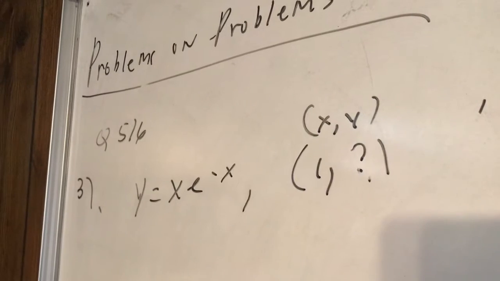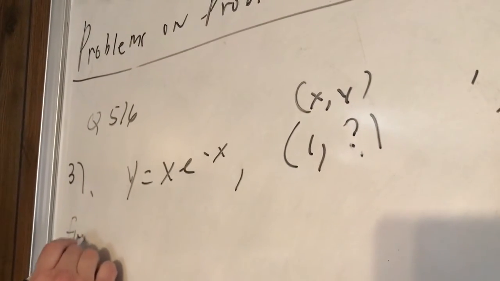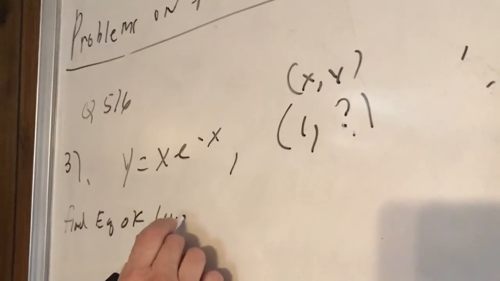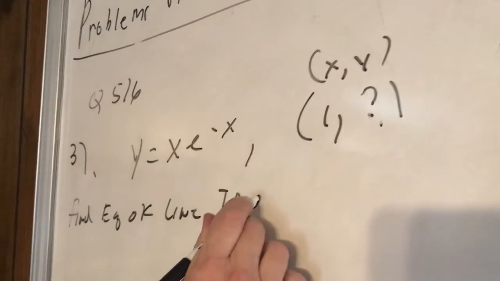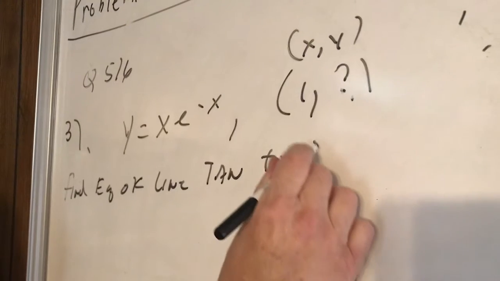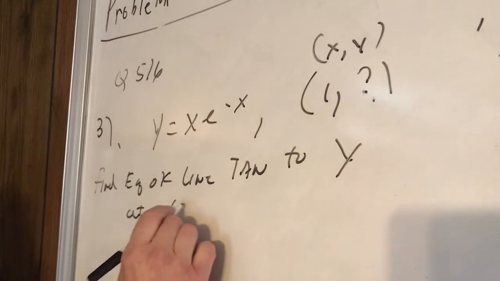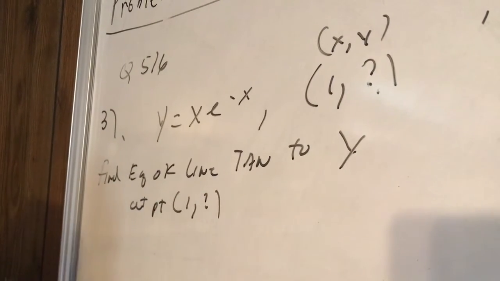So I want to find the equation of the line tangent to this function at the point 1 and whatever the y is.